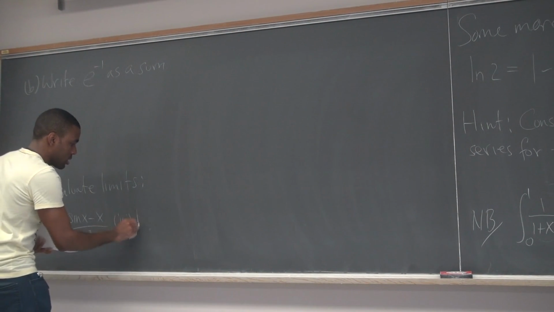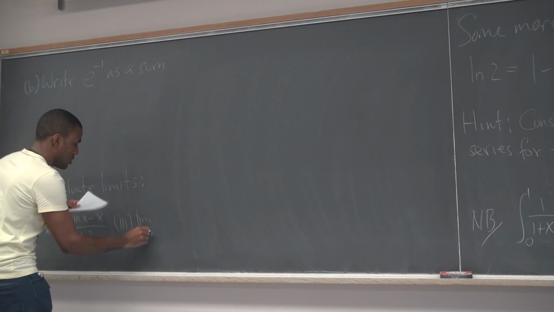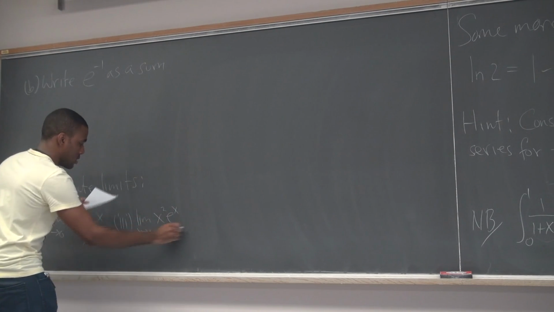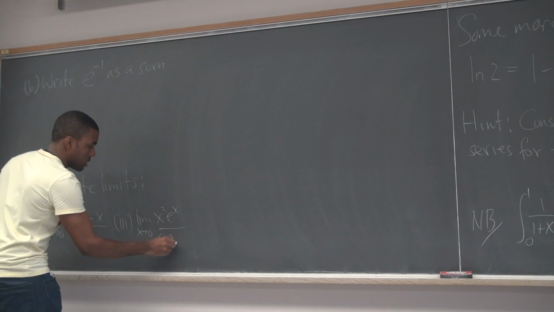Another one is the limit as x goes to 0 of x squared e to the x over cosine x minus 1.